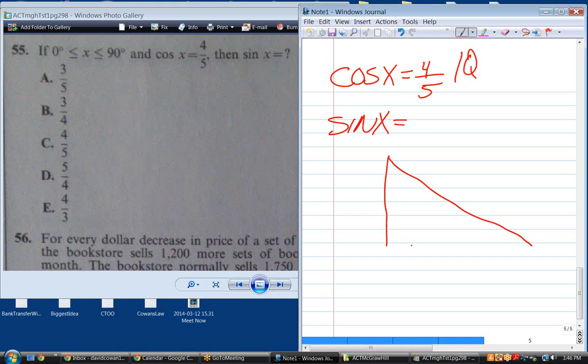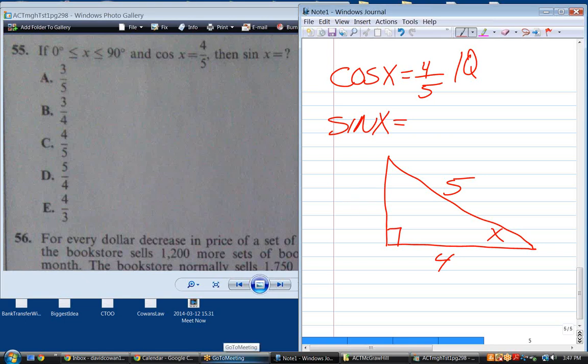Label x. Now start dimensioning that triangle for me based on the fact that cosine of x is 4/5. So the adjacent is 4, hypotenuse 5. Now use the Pythagorean theorem to come up with this side.